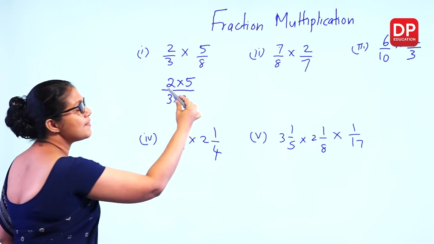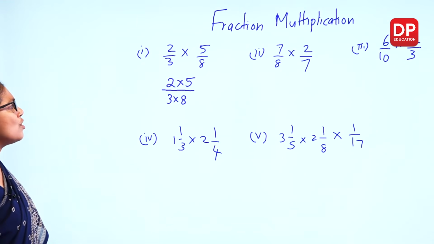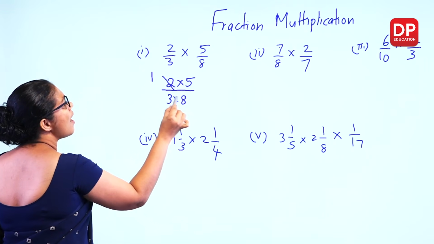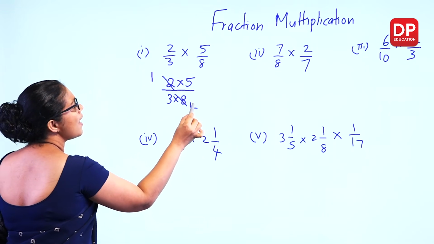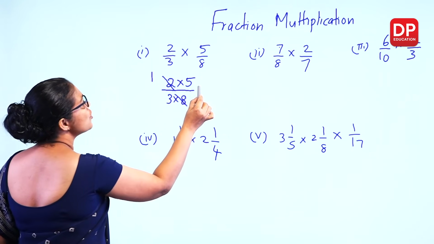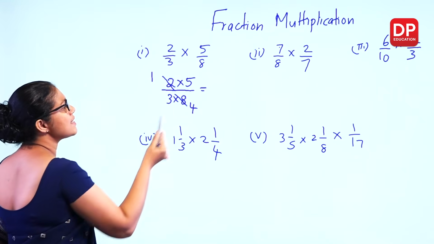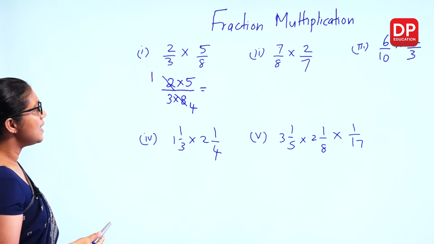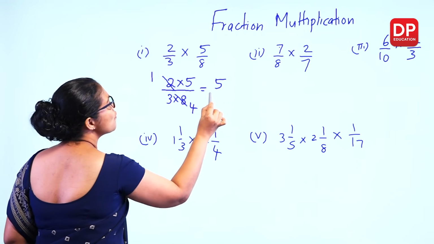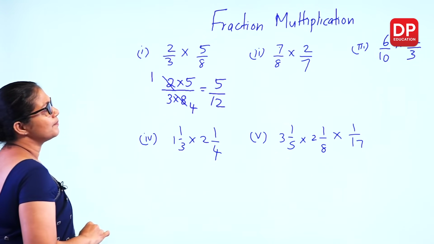Now check whether there are common factors to simplify. I can see 2 and 8 I can simplify by dividing by 2. So then you multiply the numerator separately and the denominator separately. 1 times 5, 5. 3 times 4, 12.